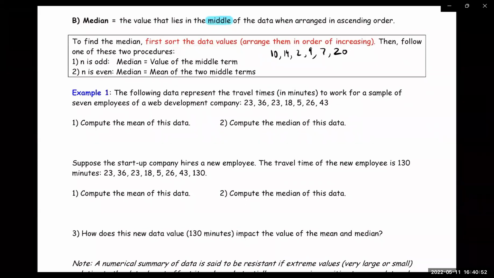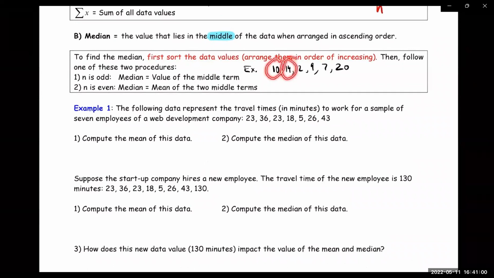So is that an odd number of values or an even number? How many values are there? 6. So that would be even, right?